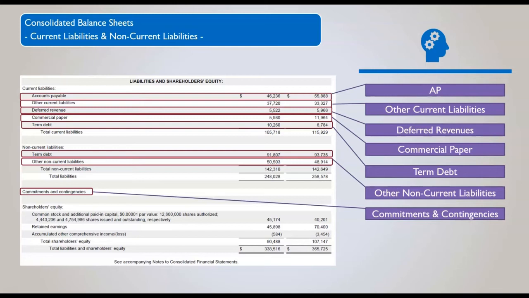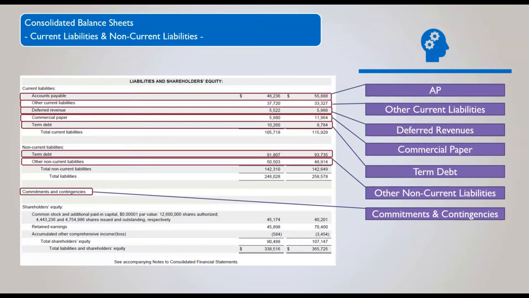The other item to highlight on this page is the commitments and contingencies. Commitments and contingencies includes warranties and guarantees. Essentially it includes off-balance sheet commitments, including purchase obligations, such as commitments for future purchases of goods and services from certain suppliers or vendors.